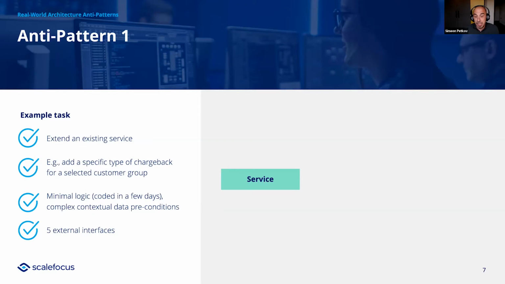Let's switch from the business example that we defined right here to the technological side. The situation looks like this. We're developing a simplistic service which basically acquires data from 5 different sources.